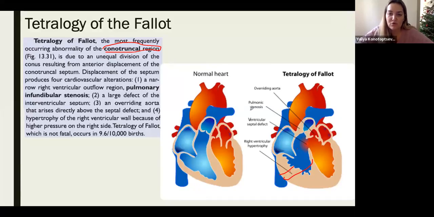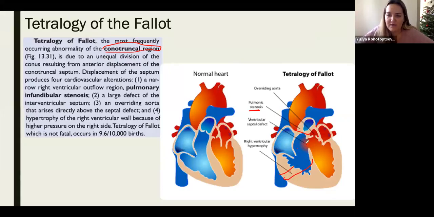This narrowing is called stenosis, right? So because of the pressure situation, here we're going to have a stenosis. In the pulmonary vessel, there's going to be narrowing. It's trying to compensate for this hypertrophy by narrowing, okay?